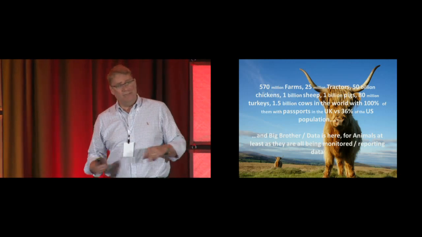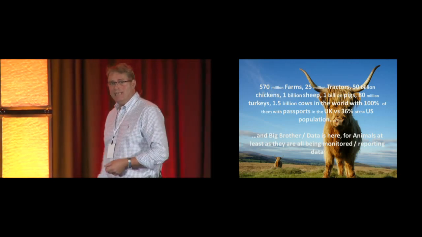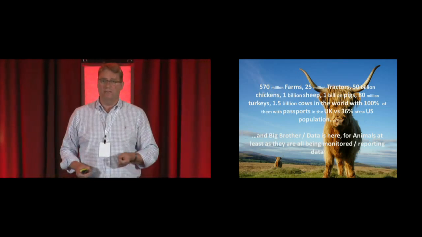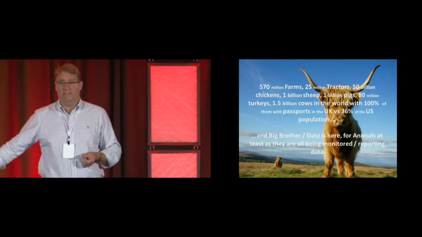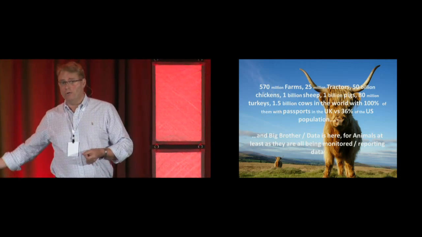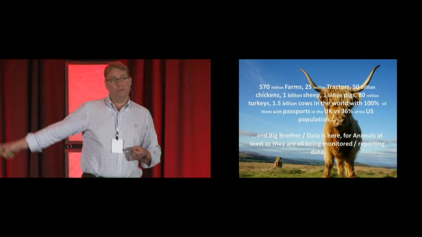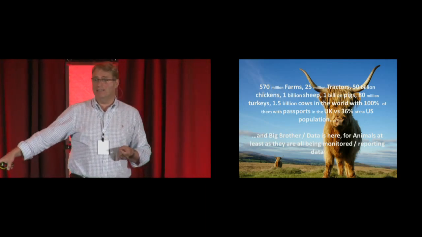Individual cows are generating data. Sheep are generating data. We had a project in the Netherlands called Fitbit for cows. So we know where a cow is in a field, and we know when a cow goes to the loo in a field. That's important because when they go to the loo, that's them fertilizing the field, so you have to put less input in that field because they've already done the job for you.